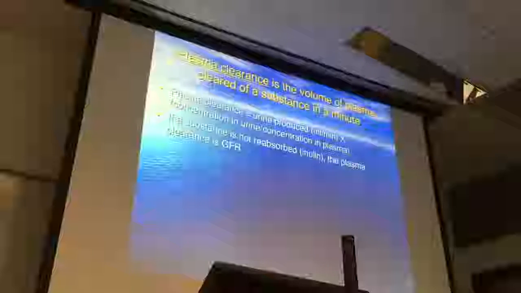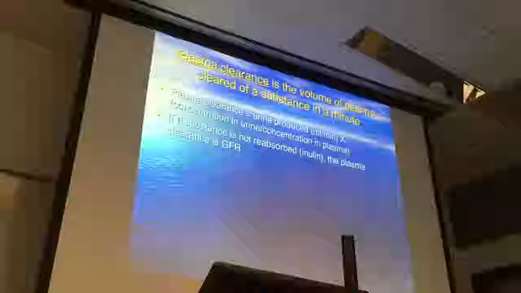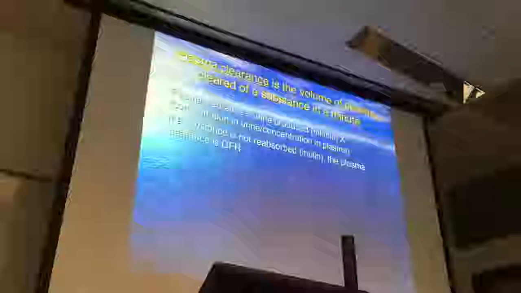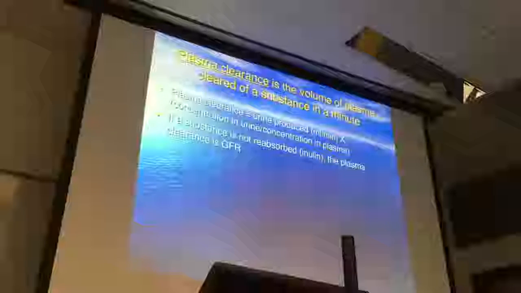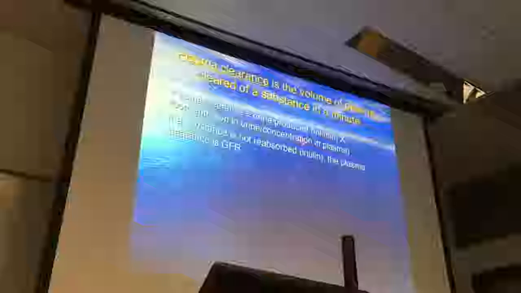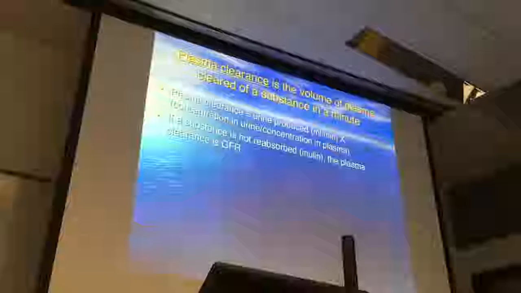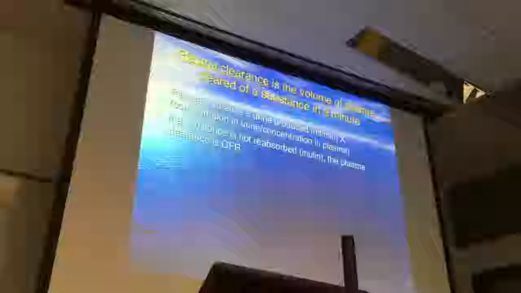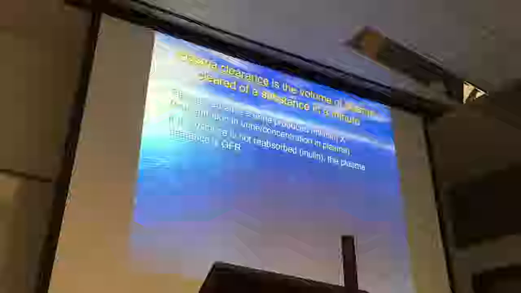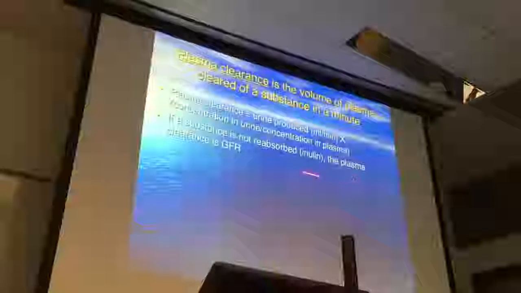Now, of course, that plasma has to go into a filter. Okay? If a substance is not reabsorbed, the concentration in the urine equals the concentration in the plasma, and you end up with a measure of GFR, that's milliliters per minute.